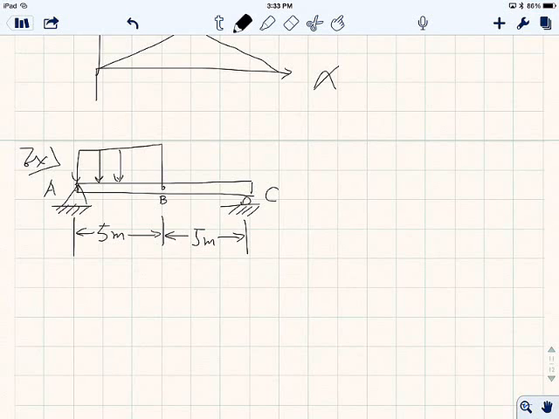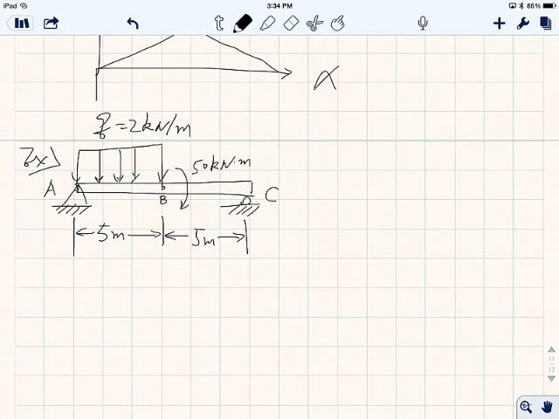Now this distributed load has a magnitude of 2 kilonewtons per meter, and at point B there's also a moment applied at exactly point B, equal to 50 kilonewton-meters.